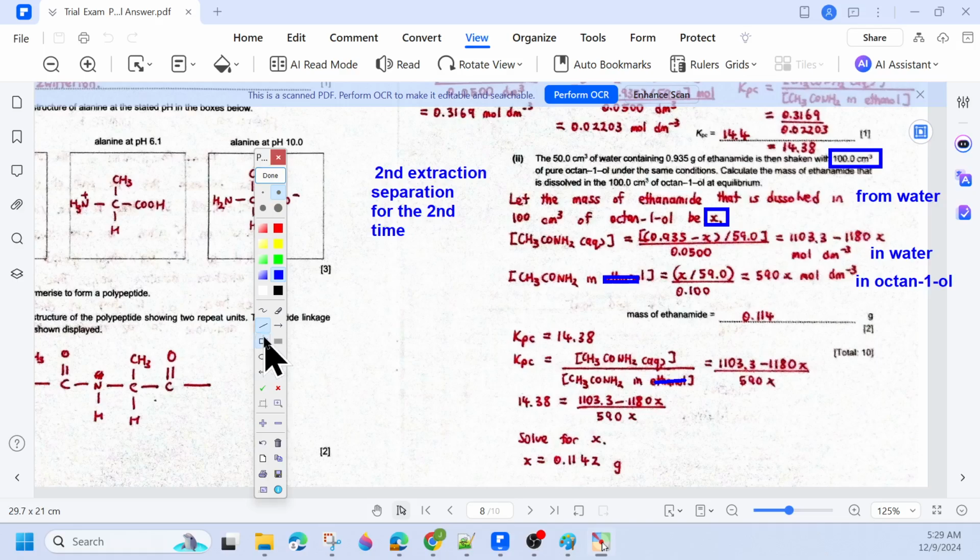What I'll get is that x is 0.114 grams that enter into the octan-1-ol. And that's how you get the final answer. All this for 2 marks. This is a hard question. With that being said, that is it for question 7.